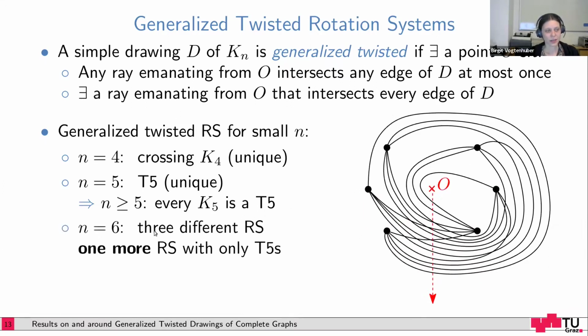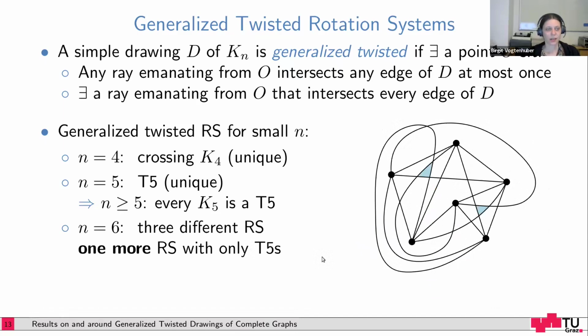For n equals 6, we had 3 different rotation systems that fulfill the properties of being generalized twisted. We saw the pictures before. And there is one more rotation system that has only twisted drawings of K5 as subdrawings. Here's a drawing of this one. And this drawing has these 2 blue marked cells.